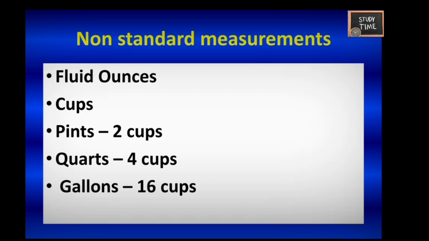So it depends, each cup is different. So these are called non-standard measurements. First you can see fluid ounces, then cups, then pints. 2 cups equal 1 pint. Then you have quarts, 4 cups equal 1 quart. Then you have gallons, where 16 cups equal 1 gallon.